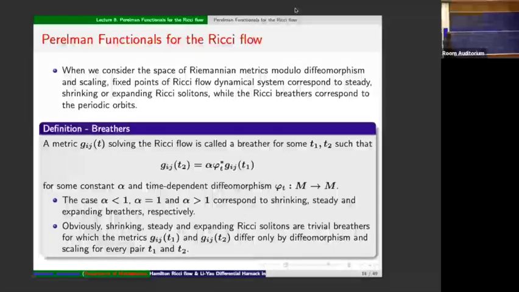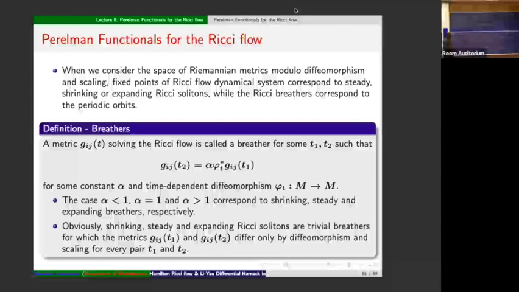If you take alpha as a constant, alpha less than 1, equal to 1, or greater than 1 corresponds to shrinking, steady, and expanding breathers. The examples are shrinking, steady, and expanding Ricci solitons, which are trivial breathers.